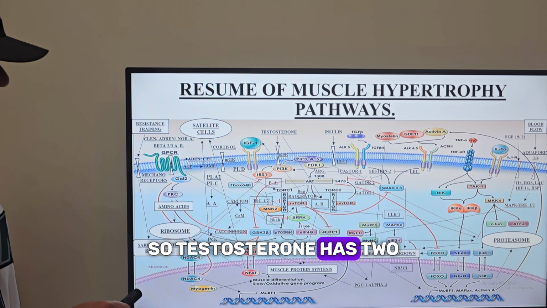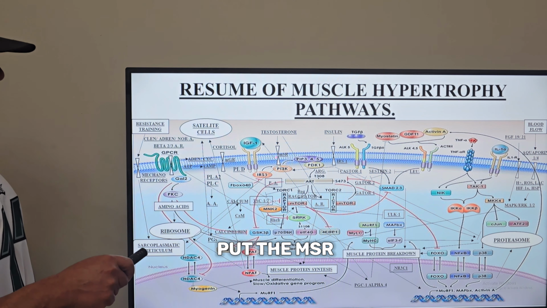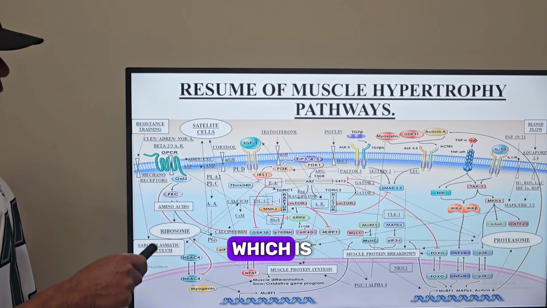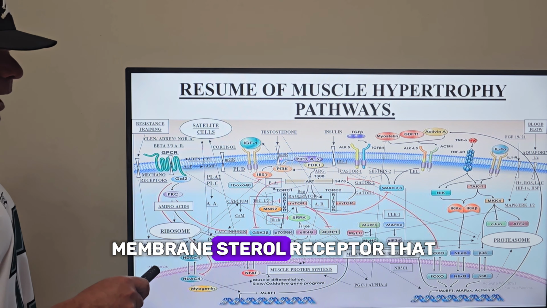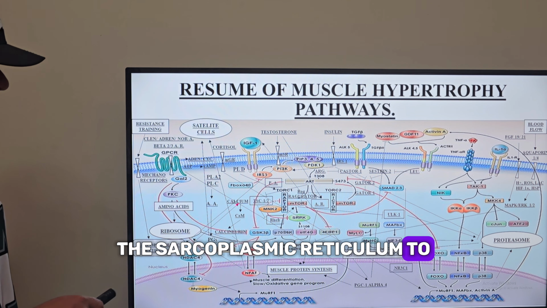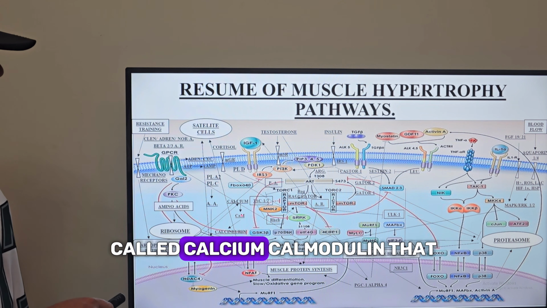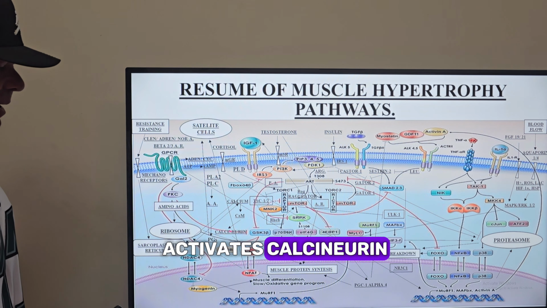Testosterone has two types of receptors. Here I just put the MSR, which is a membrane steroid receptor that activates the sarcoplasmic reticulum to release calcium. This calcium activates a protein called calmodulin that activates calcineurin.